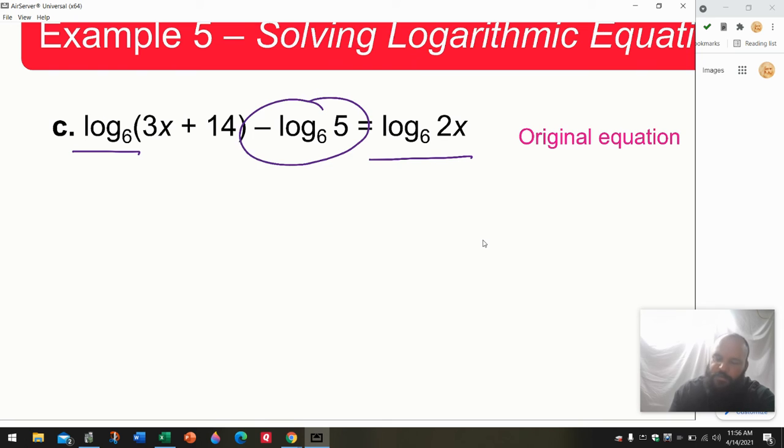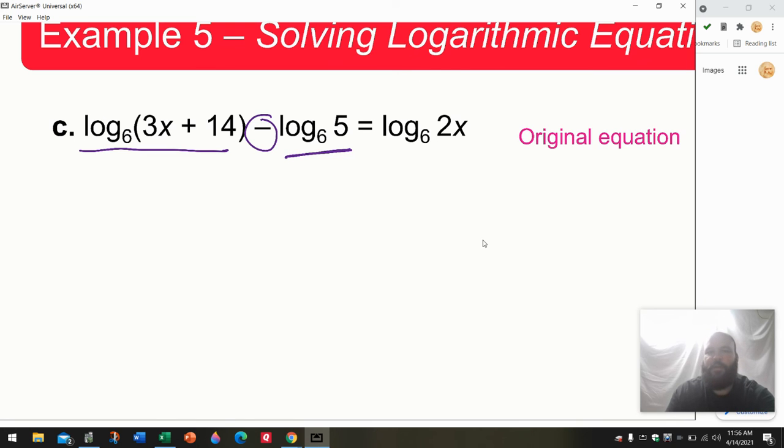If we have this extra log in here, we can't utilize the one-to-one property yet. Now, what I want you to see is that this is a log of something minus a log of another thing. And since those two logs are subtracting, we can actually utilize the quotient property to combine this log and this log into one log.